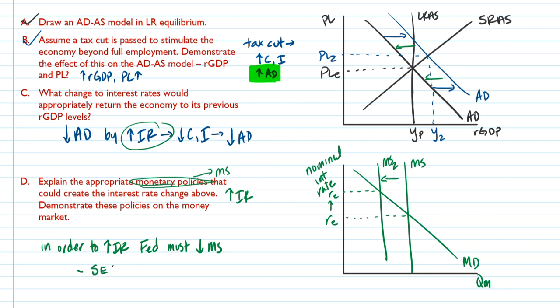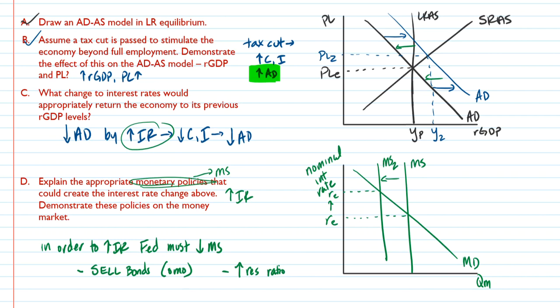The first is that they can sell bonds. This is what we call an open market operation, and the selling of bonds leads to a smaller money supply. That's your kind of mnemonic device. Sell bonds, small money supply. The second is they could increase the reserve ratio, requiring banks to hold more in reserves.